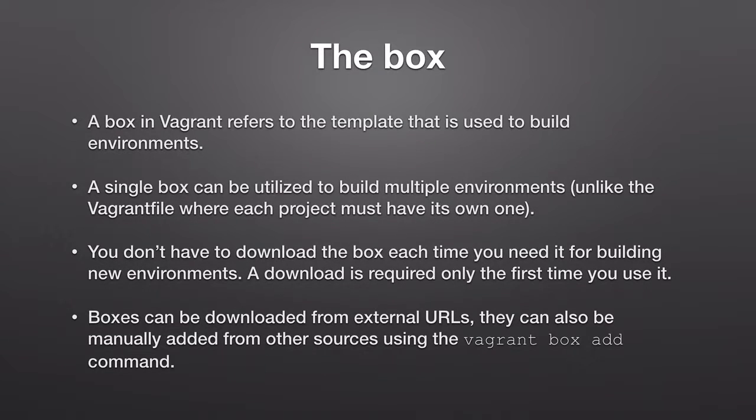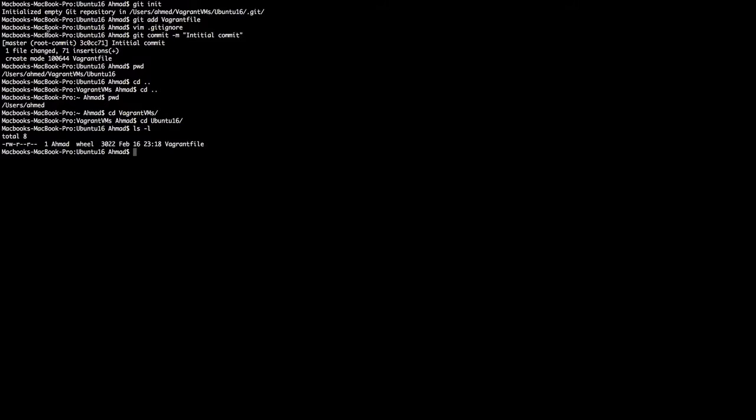So if you are wondering how you can add a box from a URL that is not the official HashiCorp or Vagrant Up URLs, you can simply use vagrant box add followed by the URL of the Vagrant box. Whatever location that box may be at, Vagrant is going to download that box from that URL and deploy it the same way it deployed other boxes that were provided by the official Vagrant website.